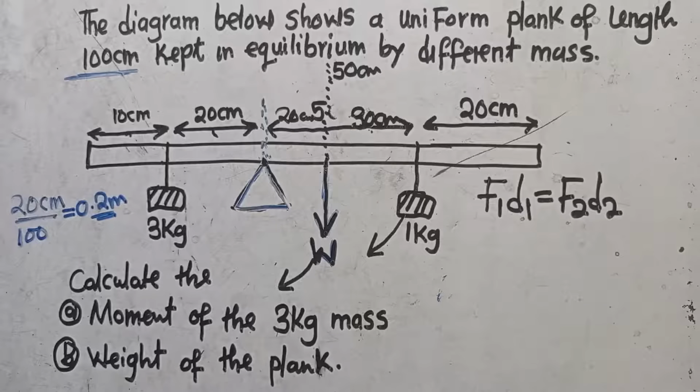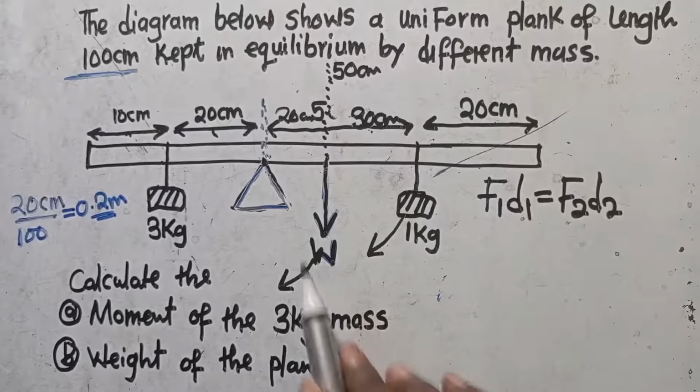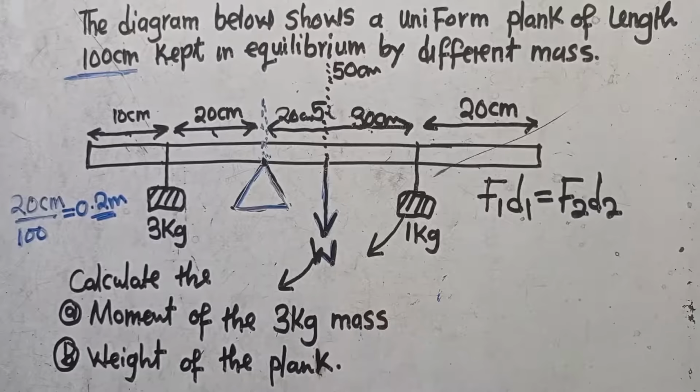There is another formula that we can use to answer this particular question. Once we find the weight, we want to find the weight there, which is more like a force. It is just one and the same.